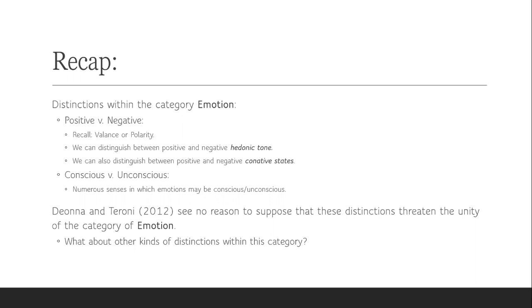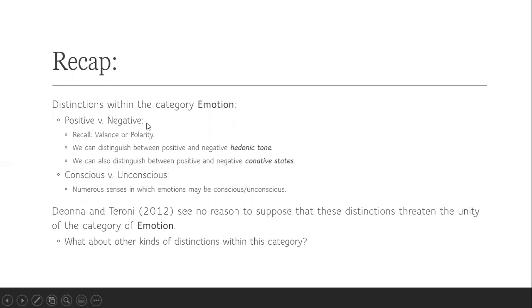In this chapter, the authors are exploring whether they can make distinctions within the category of emotion. There were a couple of ways that we got a chance to talk about after I discussed the upcoming critical response. One of those was to distinguish between positive and negative emotions.